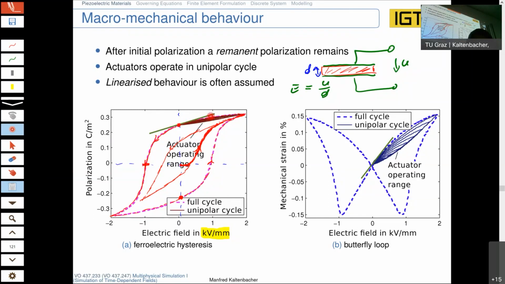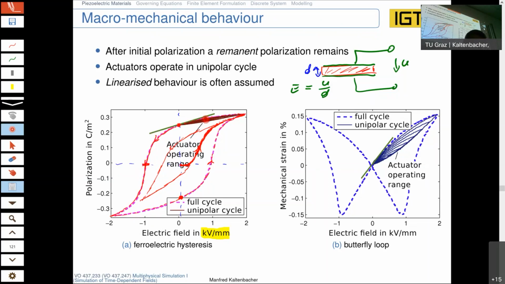And clearly this is different from the real behavior, but that already is a possibility. However, if your electric excitation is too large, so the voltages you apply, then you clearly go quite far away from such a straight line you model with a linear constitutive equation. However, we will just consider a linear constitutive equation.